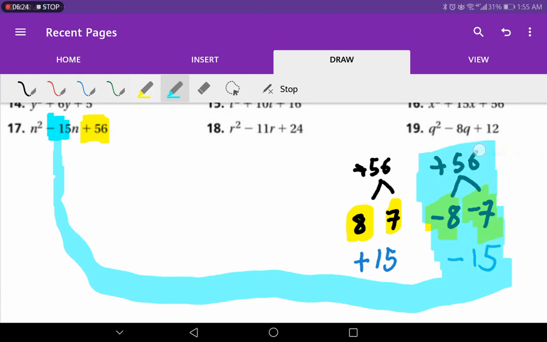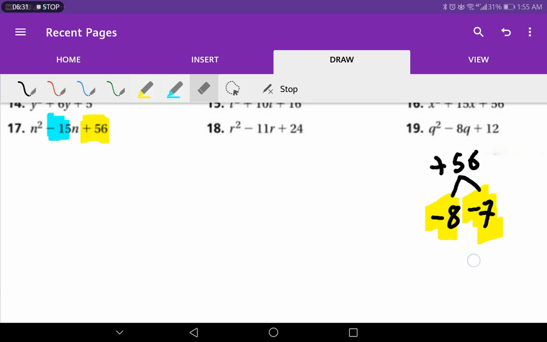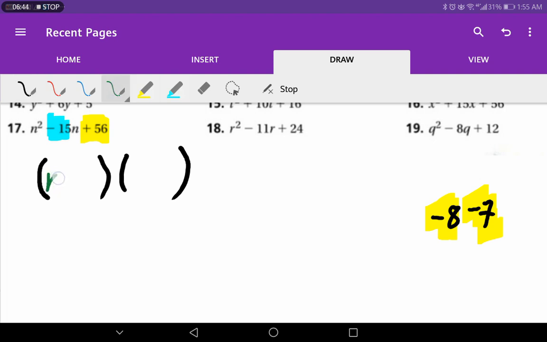So this is what I need, and this is what I don't need. So I will erase everything here and take negative 8 and negative 7. I draw my parentheses and write the letter n, n and n, and write negative 8 and negative 7. Are you happy with that? Me too.